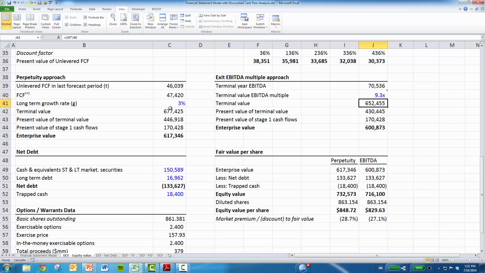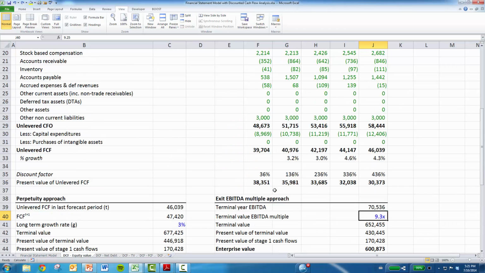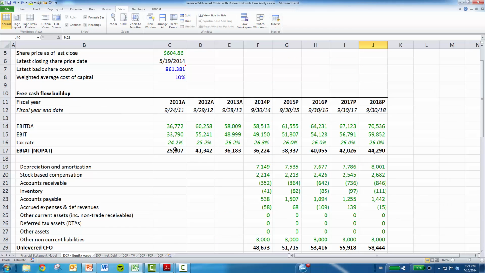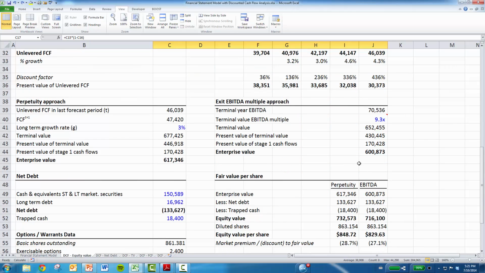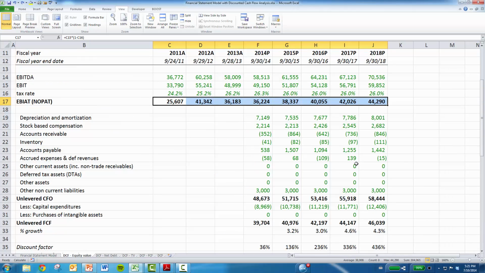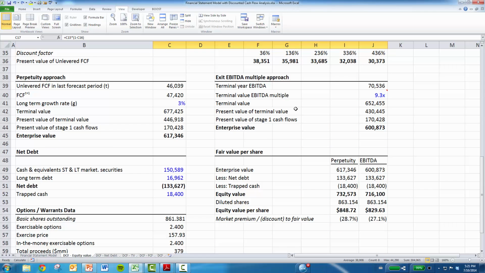And of course, if we change this multiple to something lower, that will get the valuation closer to what the market perceives. But ultimately, what this suggests is that these operating forecasts reflect an operating scenario that is more bullish than what the market is giving Apple credit for.